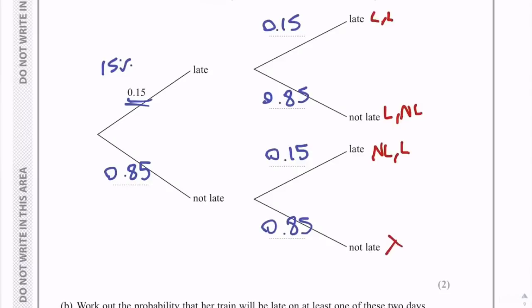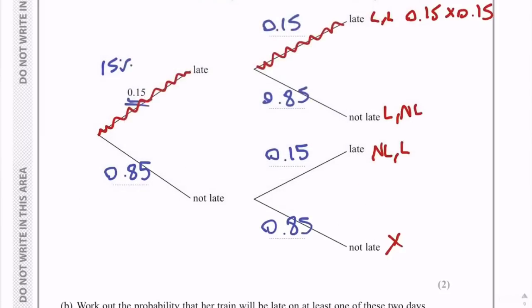But this one down here is no good to us because she's not late on both those days in that situation. So if we work out these three probabilities, we just have to multiply across the tree. So moving along this branch here, late and then late, I need to do 0.15 multiplied by another 0.15, the two probabilities on that part of the tree.